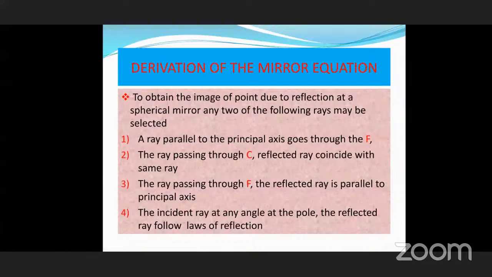For example, if the incident angle at P is 30 degrees, the reflected angle should be equal according to the laws of reflection, so the reflected ray is also taken at 30 degrees. In general, while drawing the formation of an image, we take the first three rays: parallel to the principal axis, passing through C, and passing through F. You should remember these three.